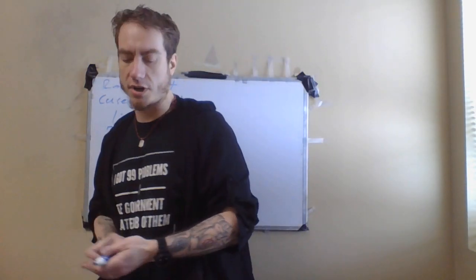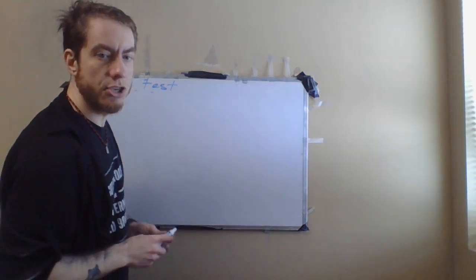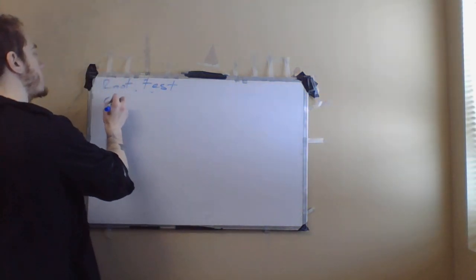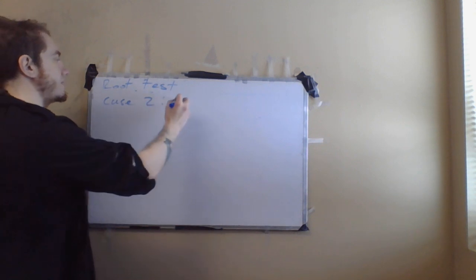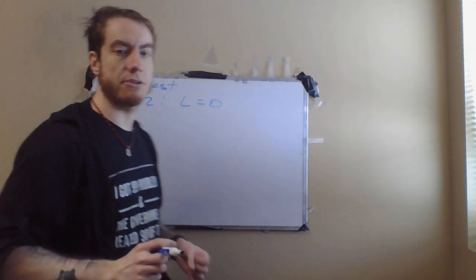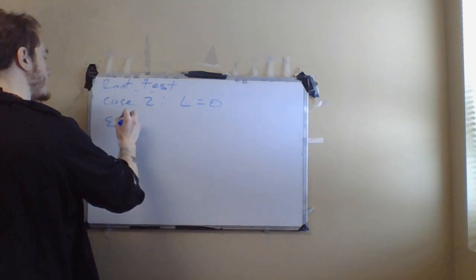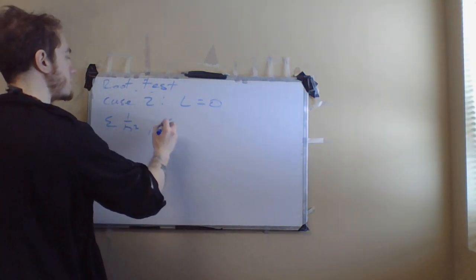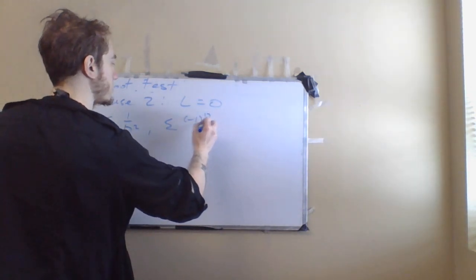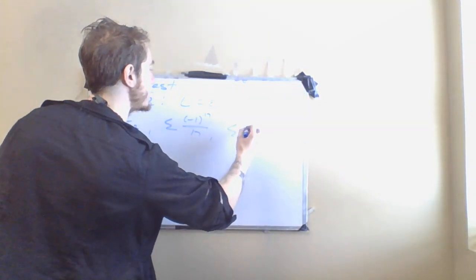And finally, for case 2, where L is equal to 0, you can use similar examples to last time. So if L comes out to be equal to 0, then we can consider the sum of 1 over n squared, the sum of minus 1 to the n over n, and the sum of 1 over n.